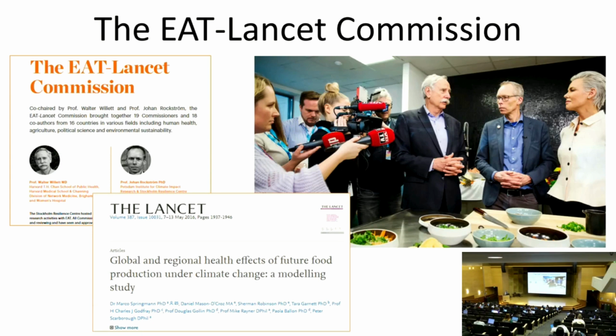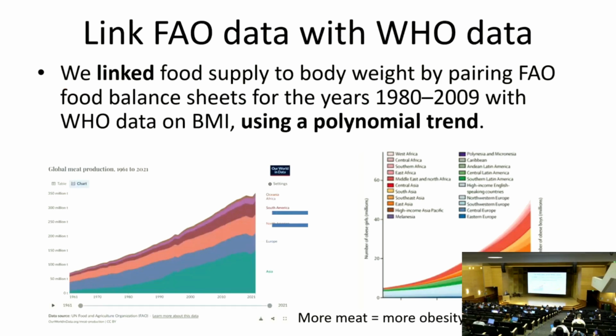And this was a diet which took into account the planetary boundaries and the non-sustainable nature of livestock production in our current food systems. So here, what the Commission was trying to do is put together a single diet for the planet.